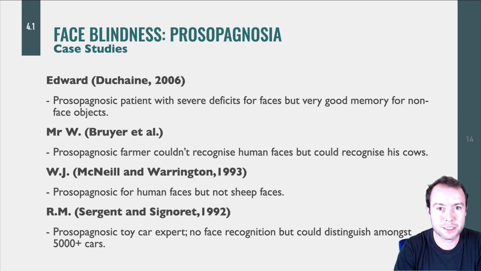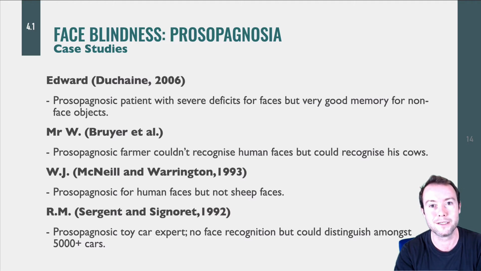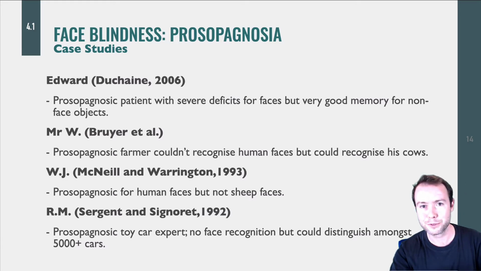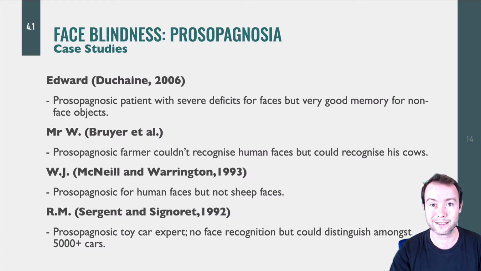We can also see there's been some famous case studies of prosopagnosic patients that are reported in the literature. So, for example, Edward, as reported by Bruyer, is a kind of classic example of a prosopagnosic patient with severe deficits for faces, but intact processing of non-face objects. You've got Mr. W, a prosopagnosic farmer, who really struggled with recognizing human faces, but if you look at the herd of cows that he owned, he was able to distinguish between particular cows.